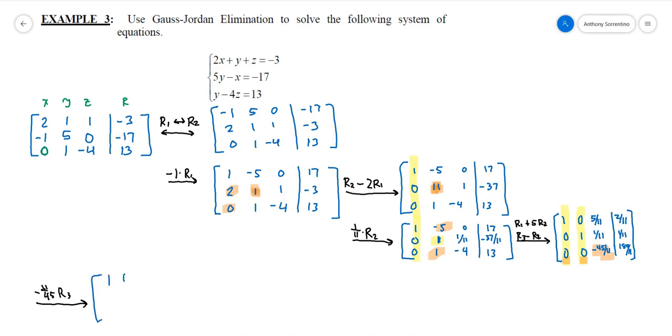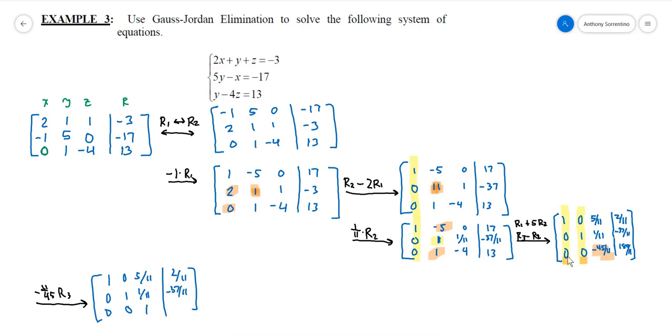Which means this row is not being touched. This row is not being touched. And now when I get to this row, 0 times a negative 11 over 45 for both of these is still going to give me zeros in those positions. Negative 11 45ths times negative 45 over 11 is going to give me the 1 here.